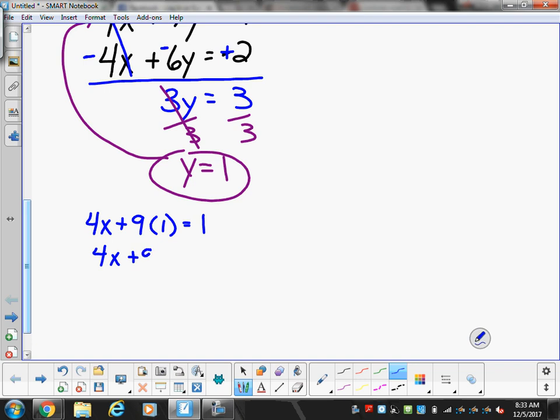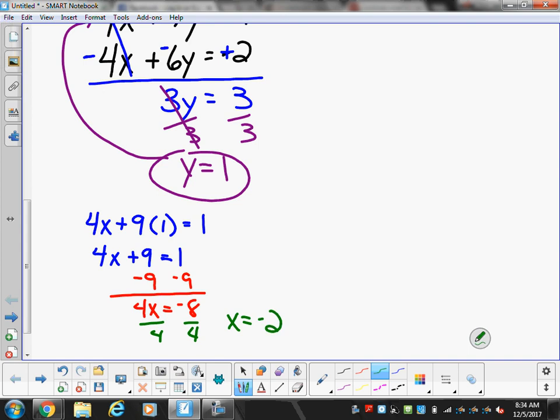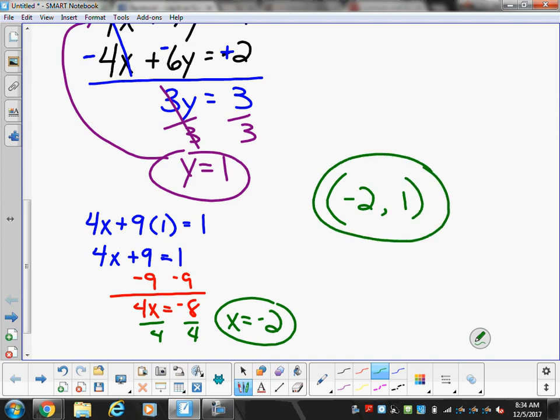So 4x plus 9 equals 1. Get rid of that 9 by subtracting it from both sides, so 4x equals negative 8. Get rid of the 4 by dividing both sides by 4, so x equals negative 2. So my solution is x comma y, negative 2 comma 1.